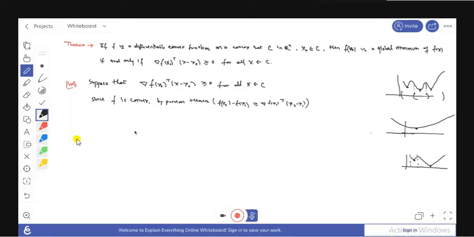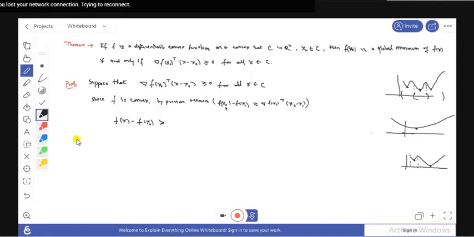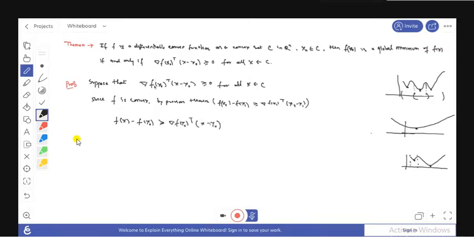So now we can write here, for any x minus x naught, this is greater or equals to the gradient term, and here this condition holds for the gradient at x naught.